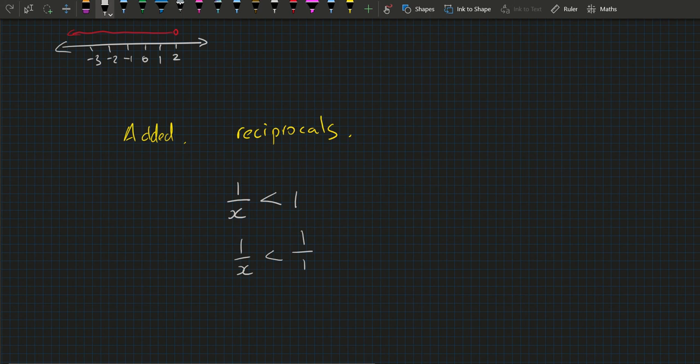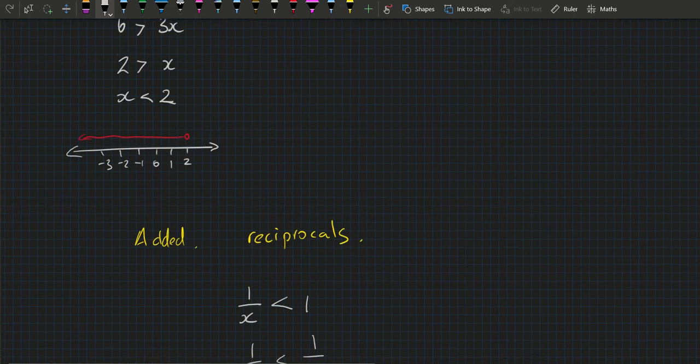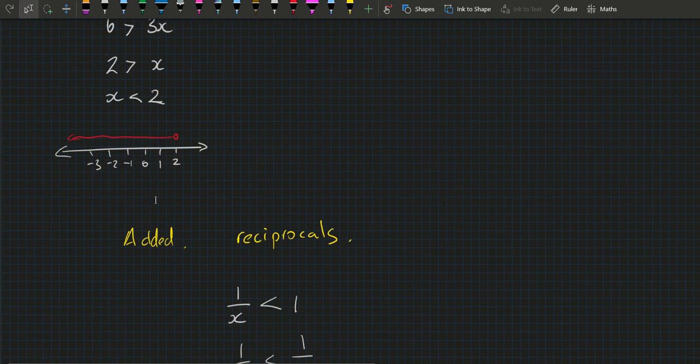And then I flip them over, and that means x is greater than 1. Now think about that, 2 is greater than 1, and 1/2 is less than 1, and so on and so forth. Okay, so this is another thing to look out for, but I'm not sure how much you're going to cover it in this exercise.